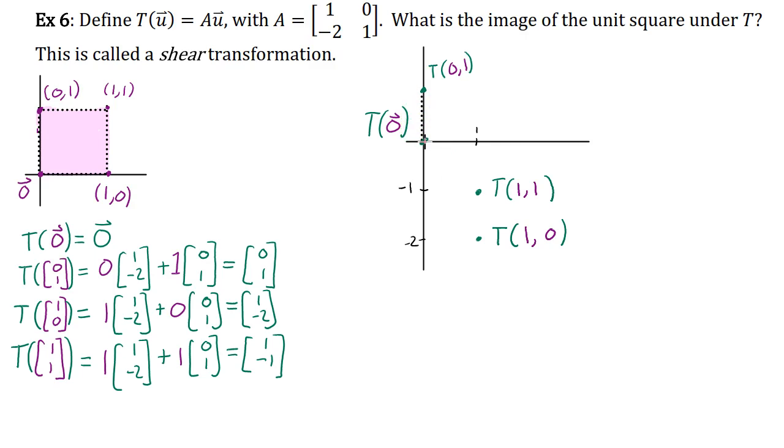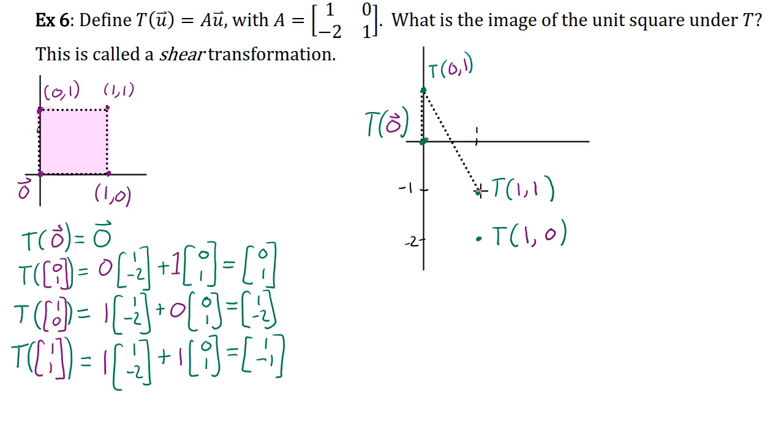And how about all the points on this line between (0, 1) and (1, 1)? They are all going to get moved to some line over here, and I already know what 2 points on that line are. T of (1, 1) is right here, and T of (0, 1) is right here. So the rest of those points should be on that line.